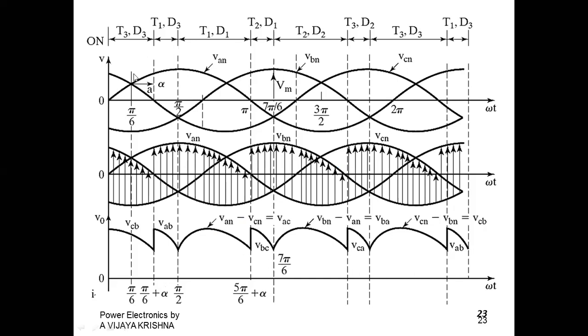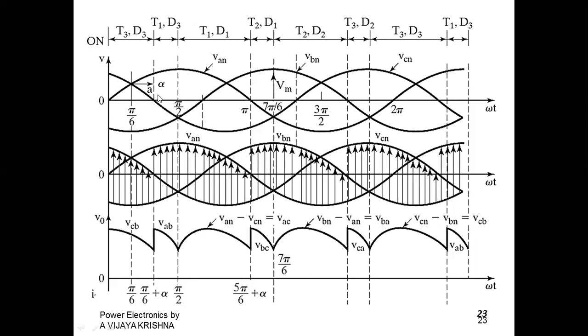Here, the conducting of the thyristors and diodes: at 90 degrees, T1 D3 will be conducting, at this time period of alpha plus pi by 6. This is pi by 6 plus alpha we are considering.